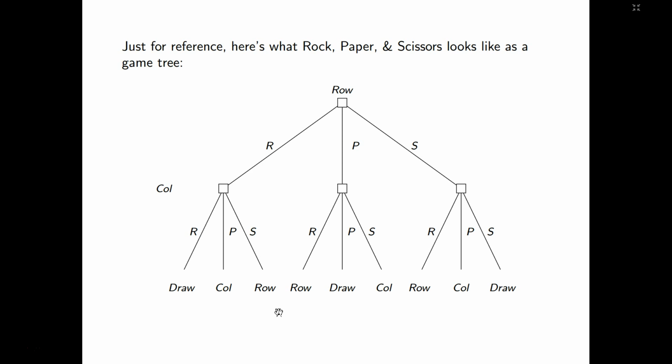This is a simultaneous move game. That's what makes rock, paper, scissors the game that it is. It would be really boring as a sequential move game. So we need to keep in mind that this is mapping out the logical space of possibilities, but not the temporal space, as it seems to imply. So it's not a sequential game.